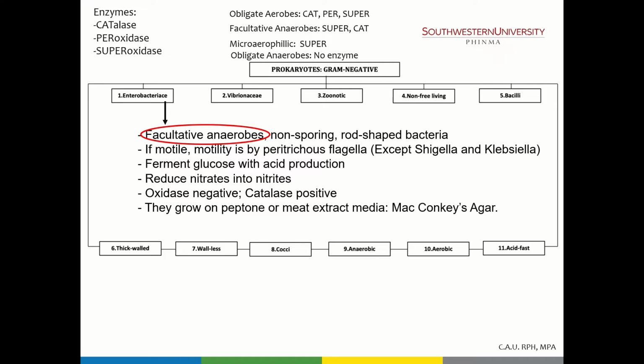Going back to Enterobacteriaceae. Since we know that Enterobacteriaceae are facultative anaerobes, they can either live with the presence of oxygen or without it. Aside from being facultative anaerobes, they are also considered rod-shaped bacteria, so they look like this in the picture. They are also considered non-sporing, which means there are no spores.